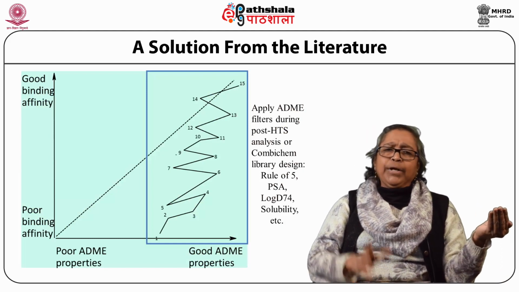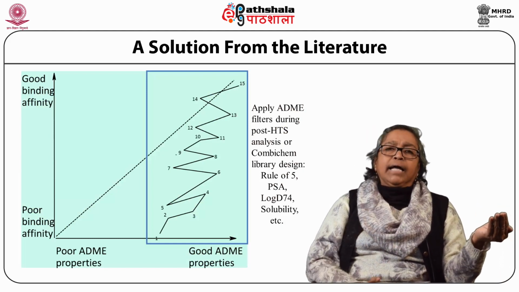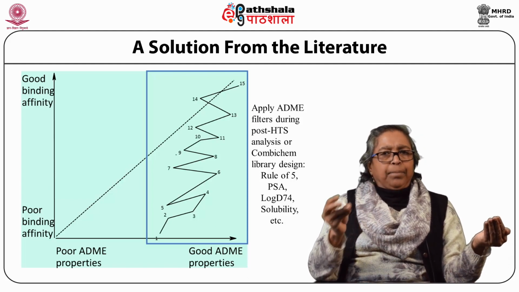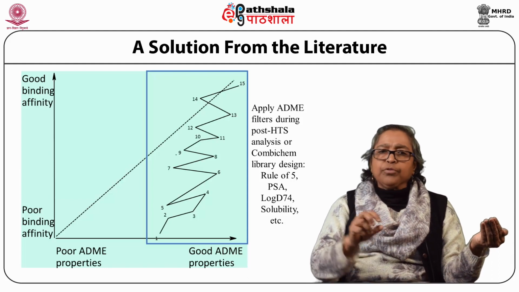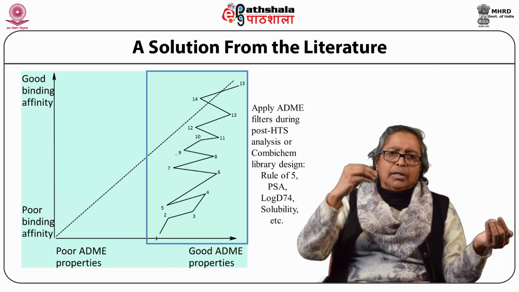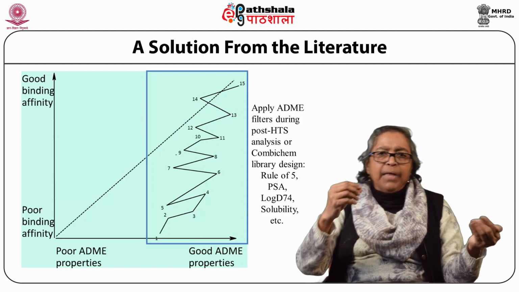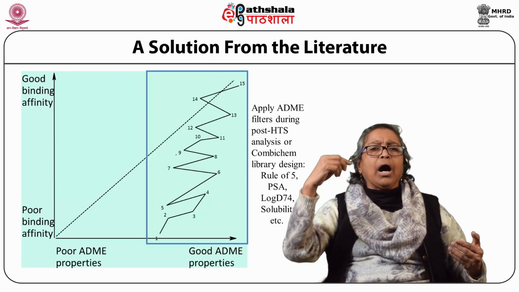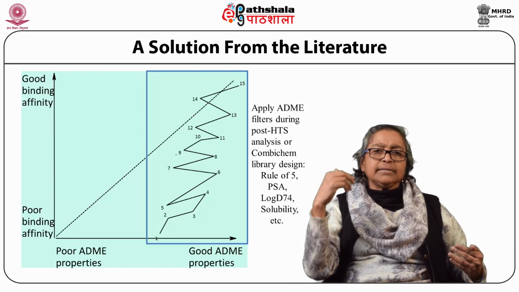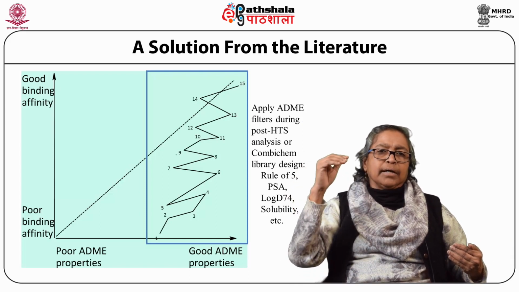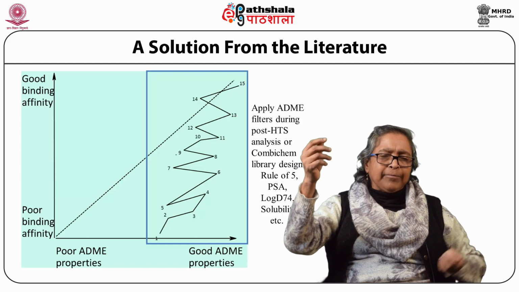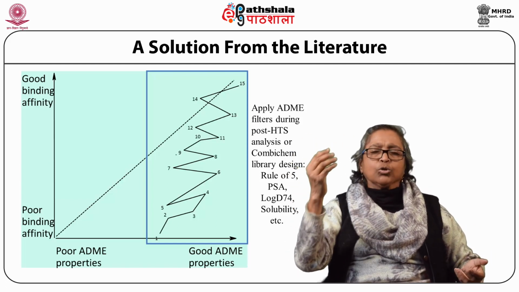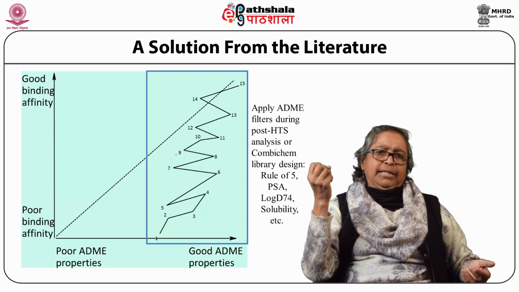However, if we take the literature-driven data and analyze everything, we should then be able to make compounds starting from the lowest possible toxicity, apply all the filters, and make the compound go absolutely to the top. That is, it should have very good bioavailability as well as very good docking or binding ability.